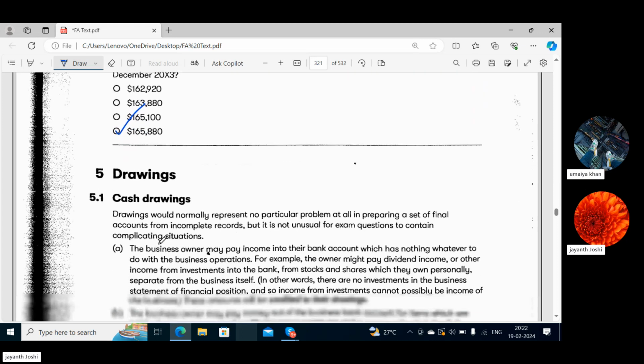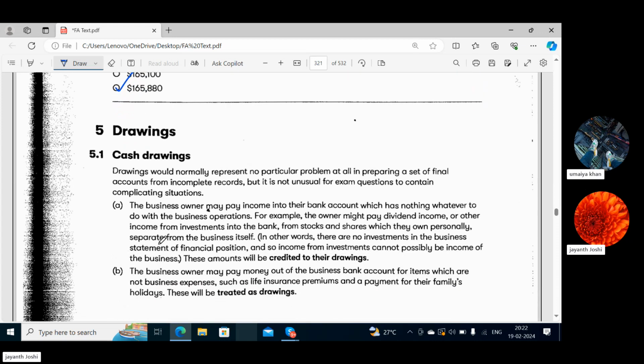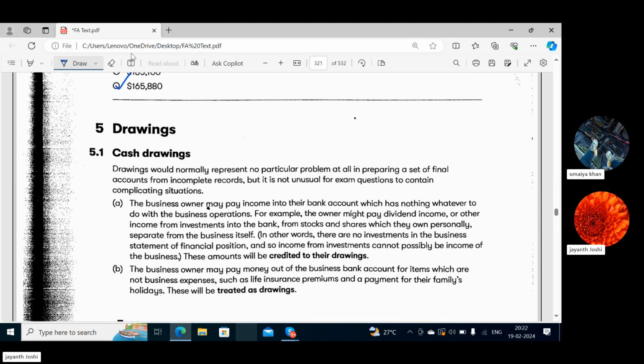The concept is drawings. So definitely in business, when a sole owner is doing a business, he will withdraw. Drawings can be of two types, in the form of cash, in the form of goods. So drawings would normally represent no particular problem at all in preparing a set of final accounts from incomplete records. A business owner may pay income into their bank account which has nothing whatever to do with the business operation.